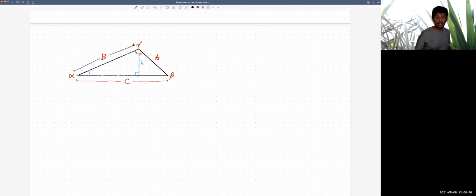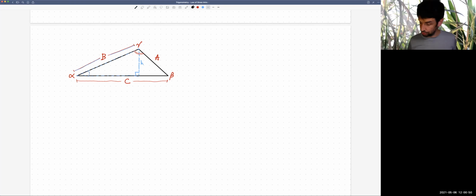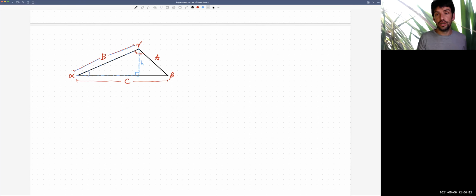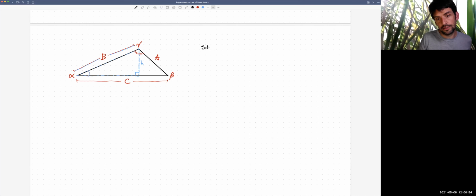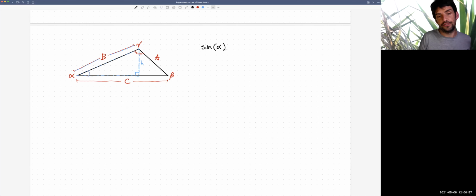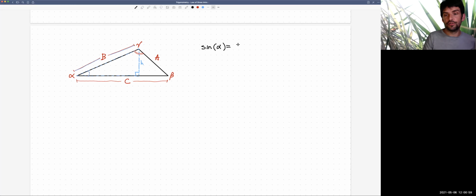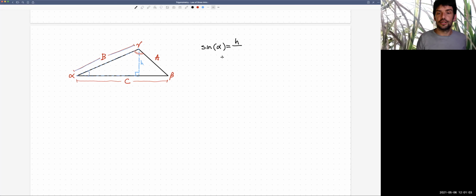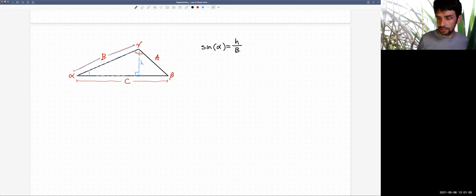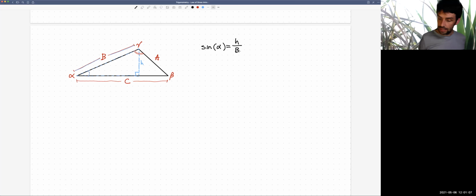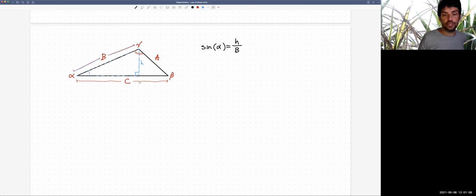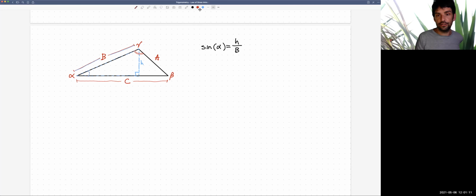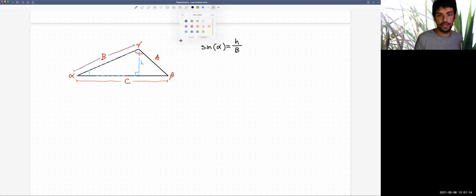Okay, so now let's use our trig functions. We know that the sine of alpha is the opposite over the hypotenuse. In this case, that's H over B. And looking at this other triangle, we have the same thing happening over here.